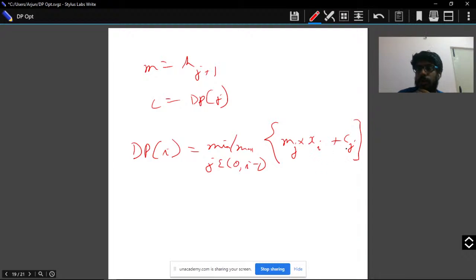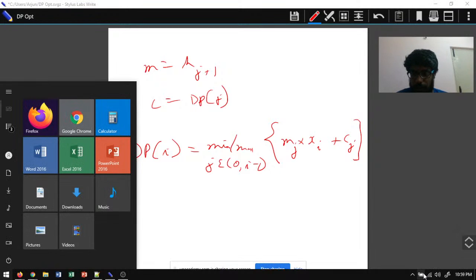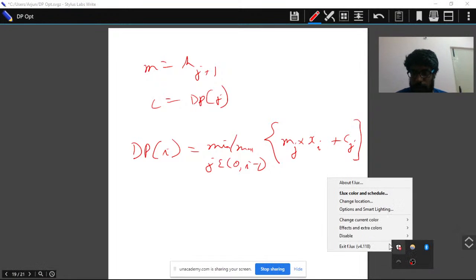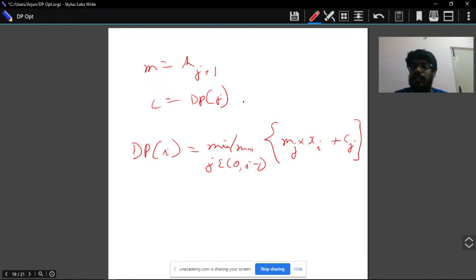And if you have it in this form, then all these guys are linear functions. So each of these you think of as linear lines, and you take the min or max using CHT, and that's about it. There's no quadrangle inequality, nothing. It's all pretty clean.